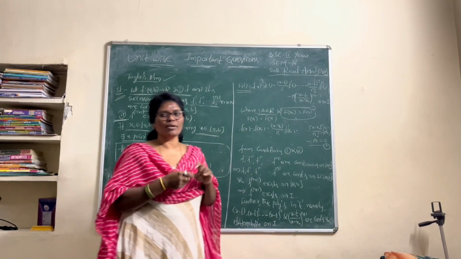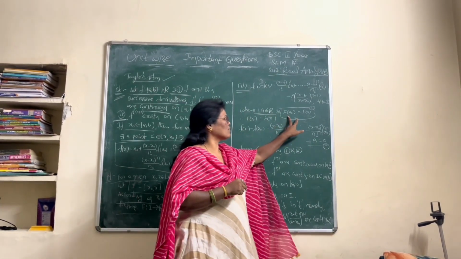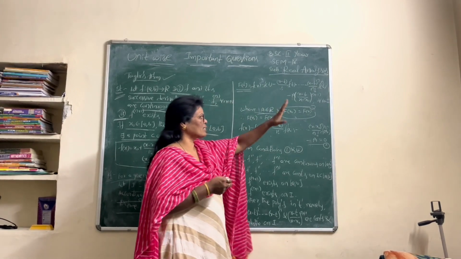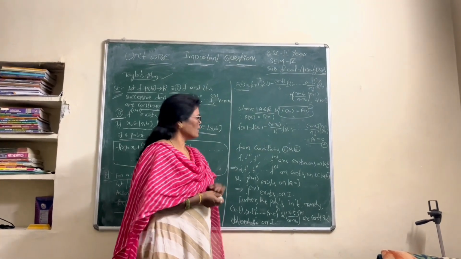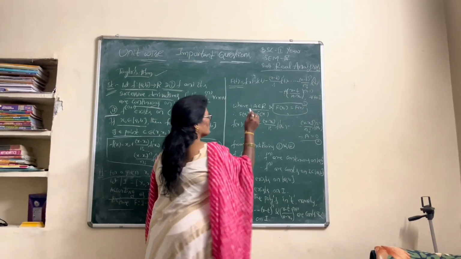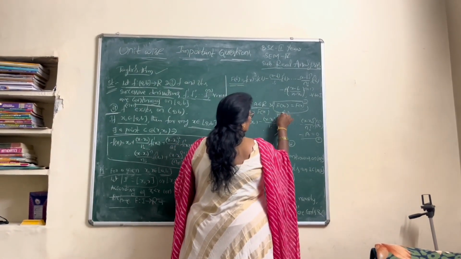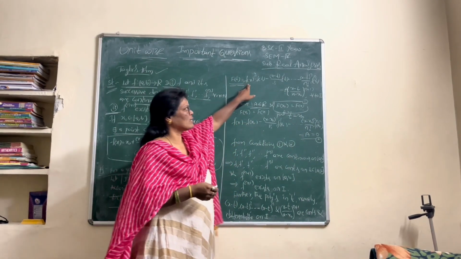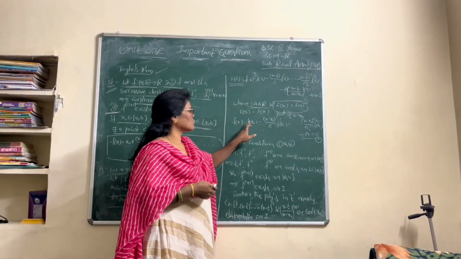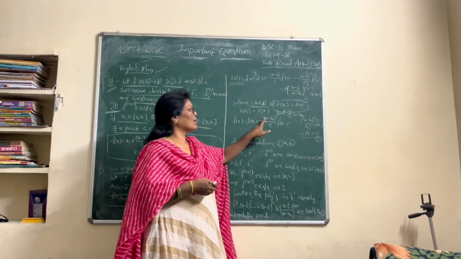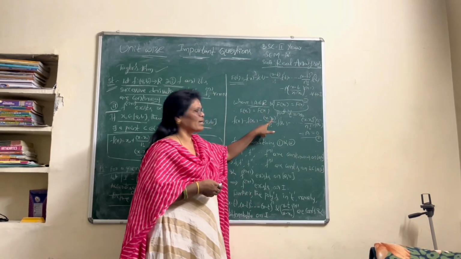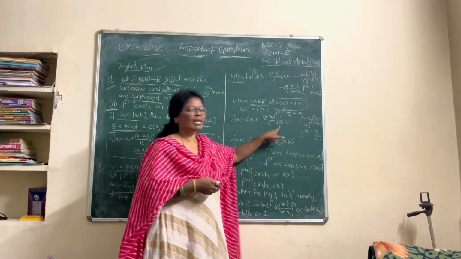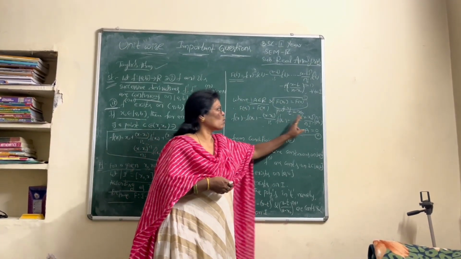We take F(x naught) equal to F(x), that is, these two values are equal. Putting t equal to x naught, F(x naught) becomes f(x) - f(x naught) - (x - x naught)/1! f'(x naught) - ... - (x - x naught)^n/n! f^(n)(x naught) - A (x - x naught)^(n+1)/(x - x naught)^(n+1).